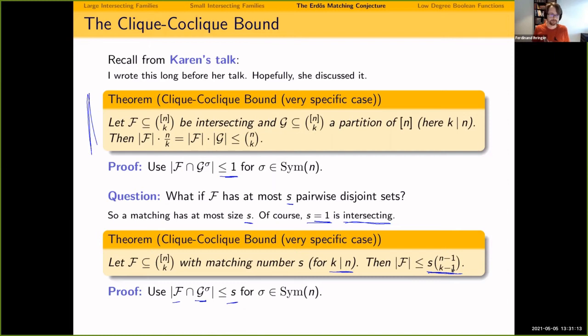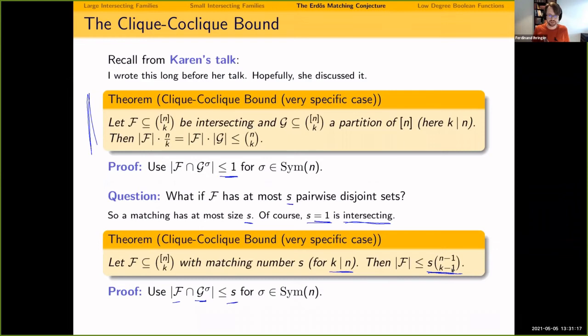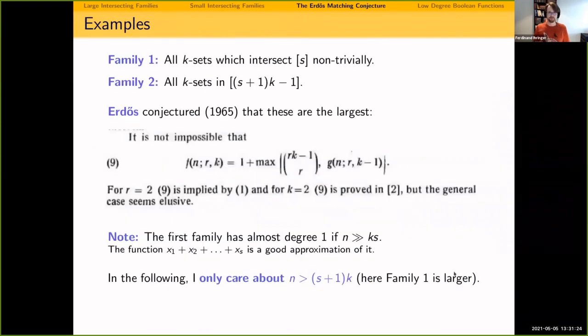Good. Now, there are two nice examples for such families, and they never reach this bound except for s equals 1. So one example is we take all k-sets which intersect the first s elements non-trivially. Of course, they must all contain an element of the first s elements, so you cannot have s plus 1 pairwise disjoint k-sets in your family if you do that.